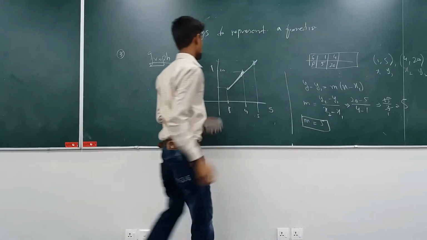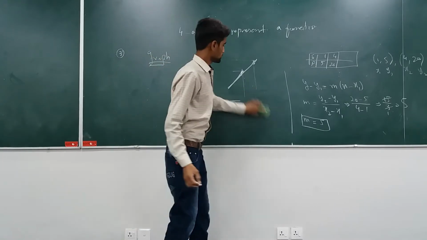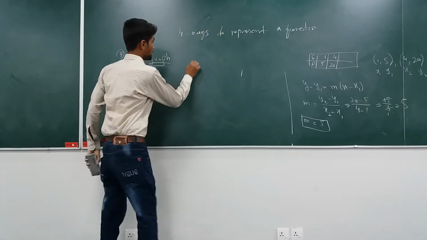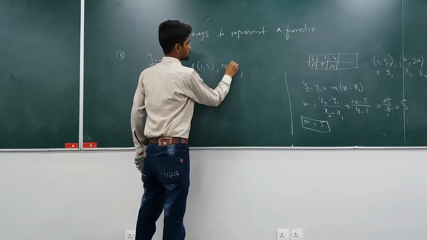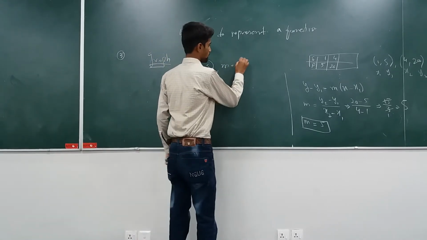Now we have the first point (1, 5) and m = 5.